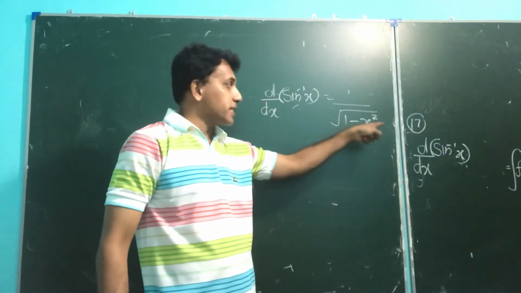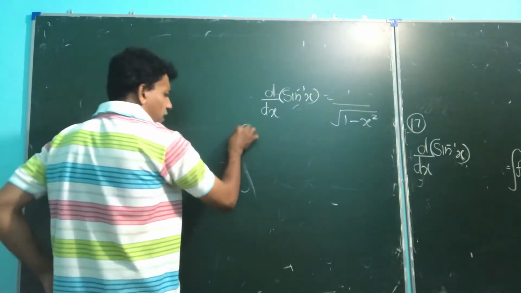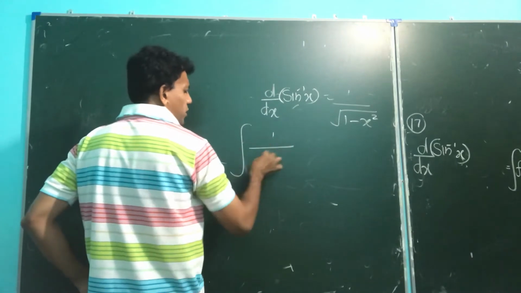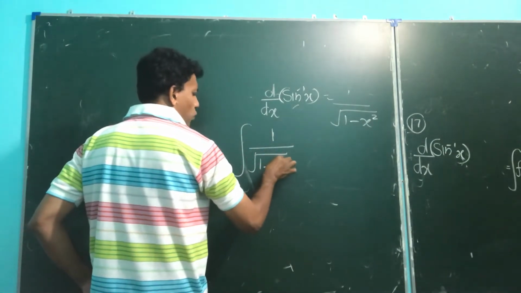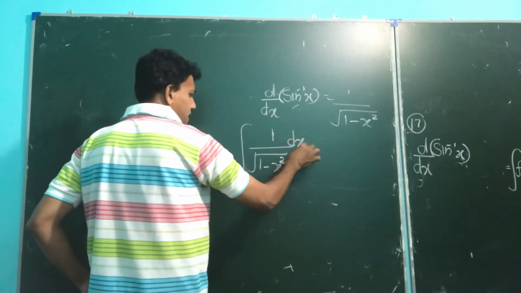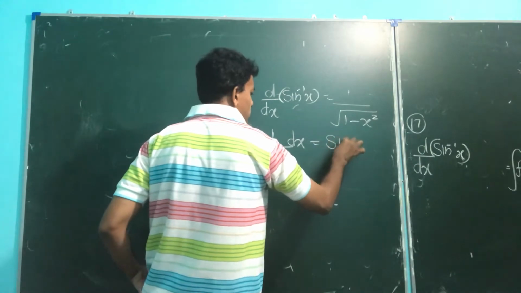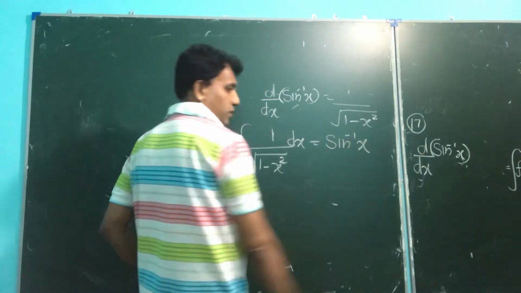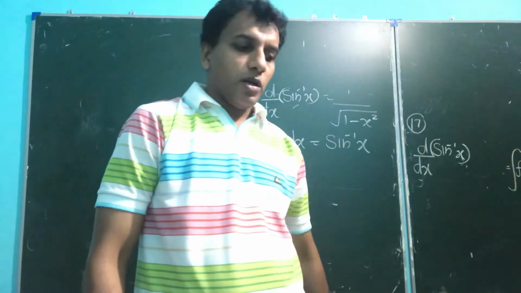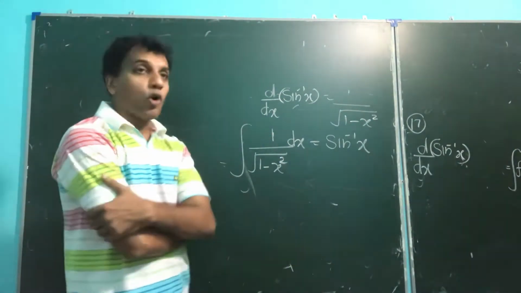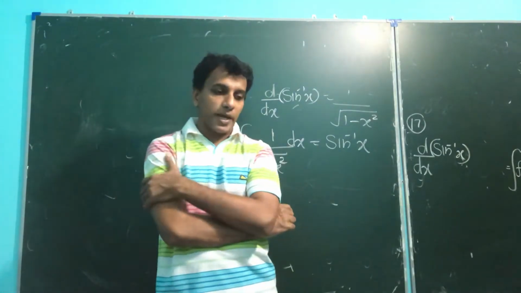Then if you integrate such an expression, the answer is sine inverse x, right? Therefore, the integral of 1 over square root of 1 minus x square with respect to x is sine inverse x.